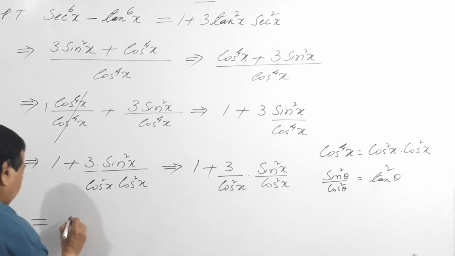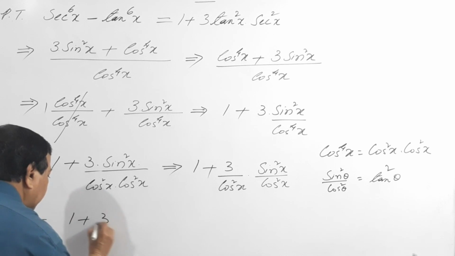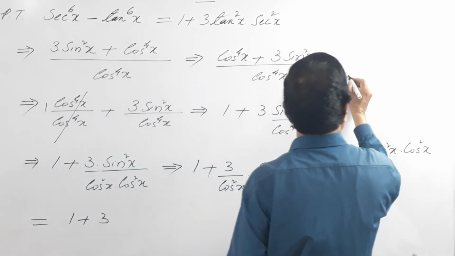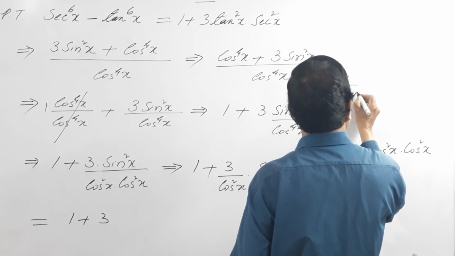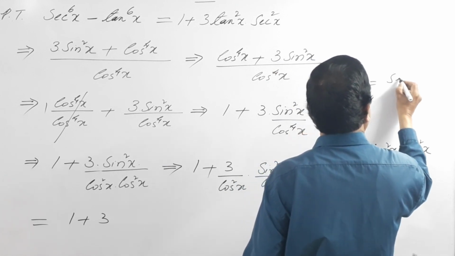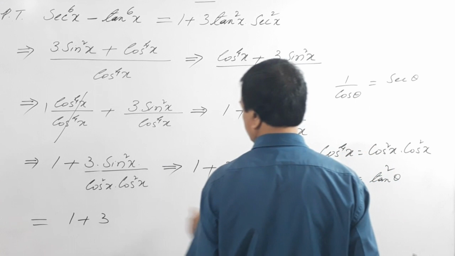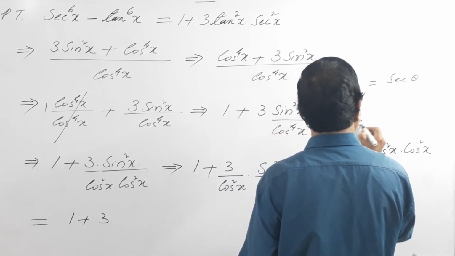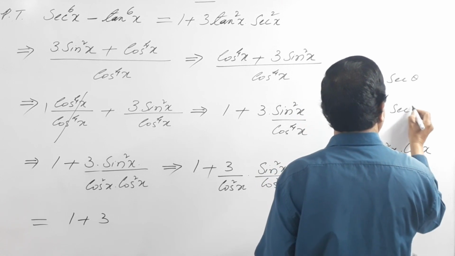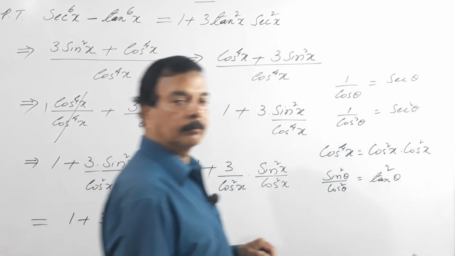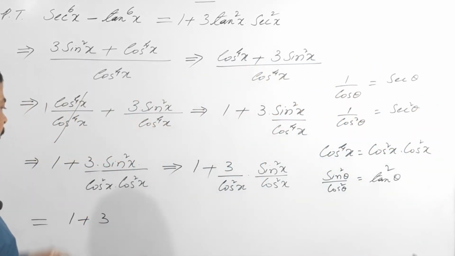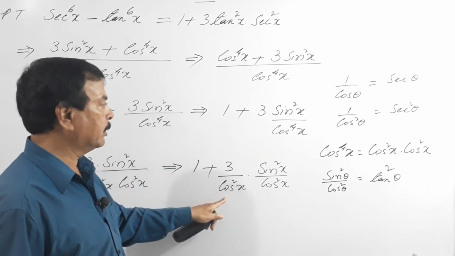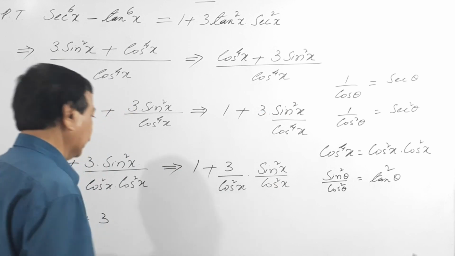So this becomes 1 plus 3 by, what is 1 by cos? 1 by cos theta is nothing but secant theta, and what is cos square? 1 by cos square theta is equals to secant square theta. So this 3 cos square goes to numerator and becomes reciprocal of that, secant square theta.